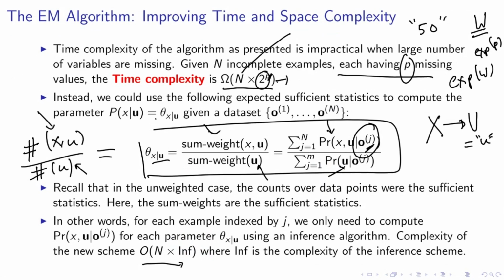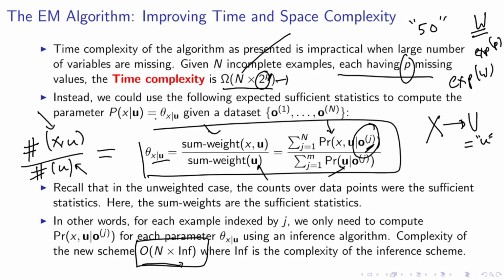For instance, if the tree width is 1, which means that given the observation, the tree width over the remaining Bayesian network is 1, then this step is a linear step.